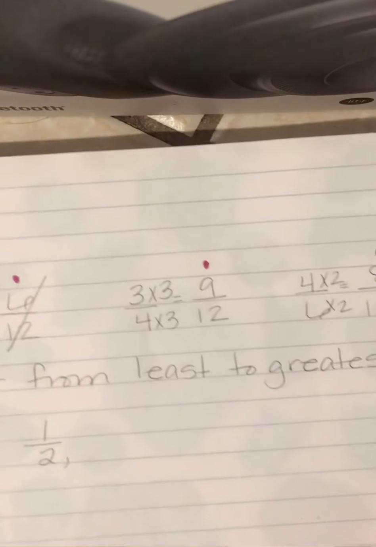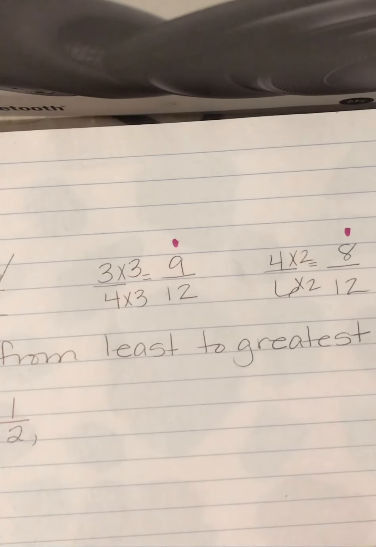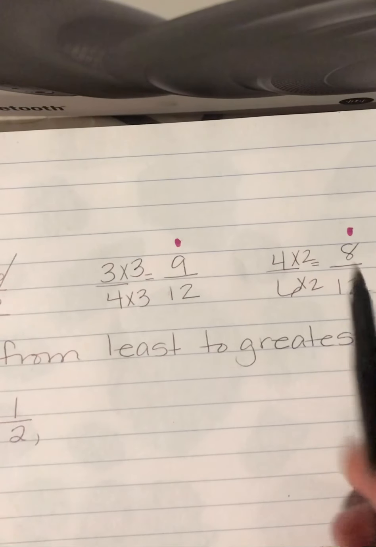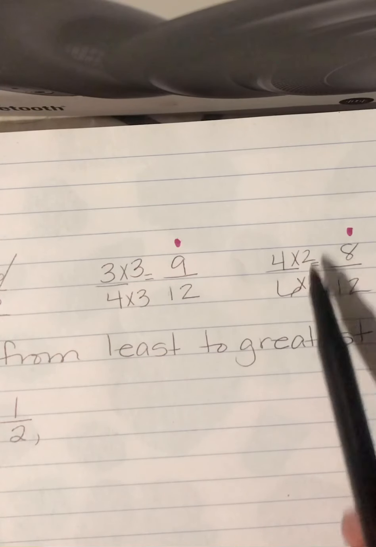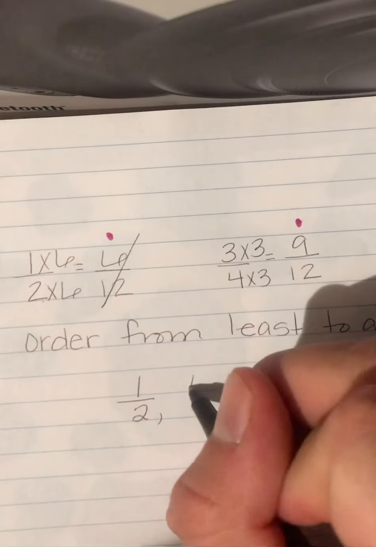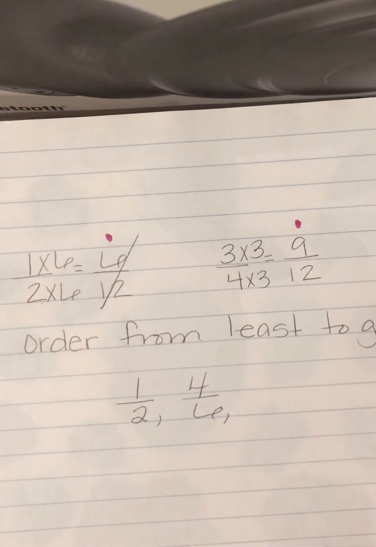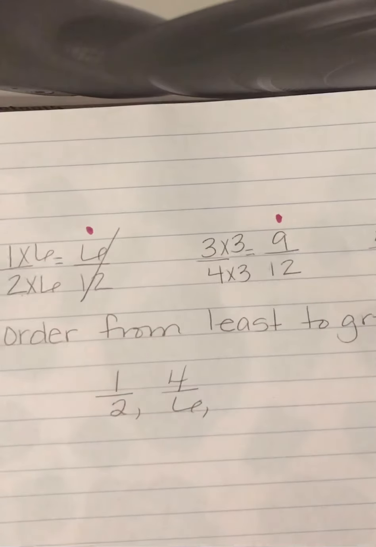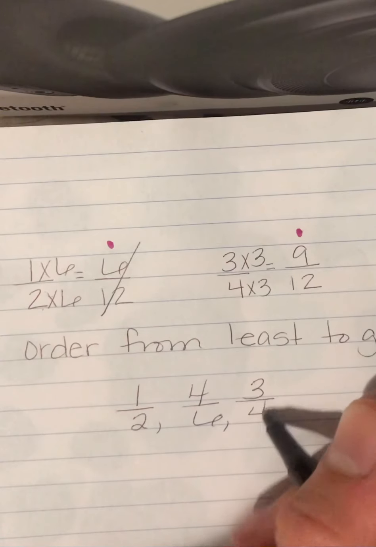Then I'm going to look at the last two, 9 over 12 and 8 over 12. Which is greater? I mean, which is less, excuse me. 8 over 12. So again, I'm not writing the equivalent fraction, I'm writing the original fraction, which is 4 over 6. And then, last but not least, 9 over 12, and I will do the same thing. It's 3 over 4.